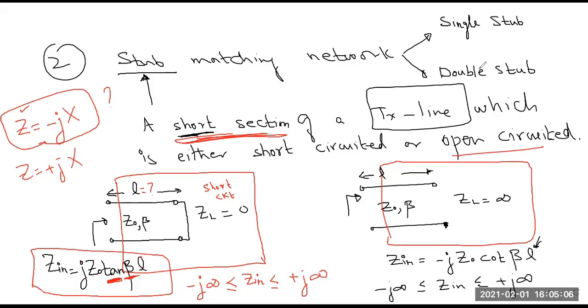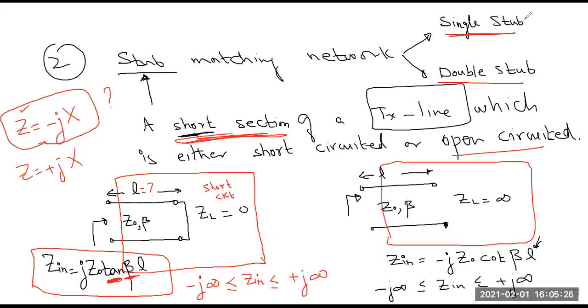So why will we use two stubs rather than one stub? It means single stub will have some limitations or some disadvantage, and that limitation can be compensated by double stub. Okay, but right now I'm not going to talk about it.